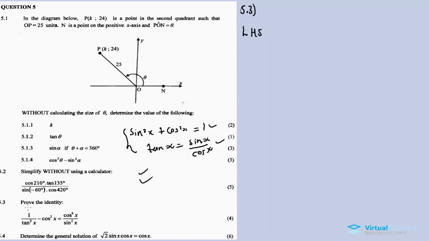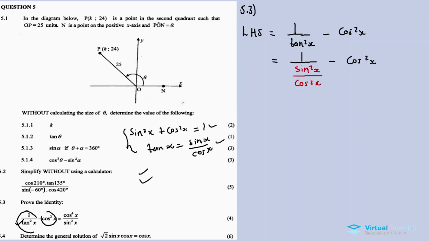So that's why we need to take the left hand side, since we also have an identity and this fraction being subtracted by this one. So the left hand side is equal to that, and the first thing we do is simplify our identity for tan. So it's going to be 1 over sine squared x over cos squared x.